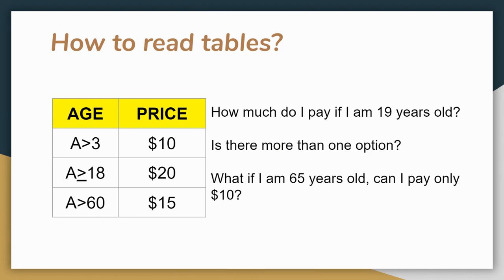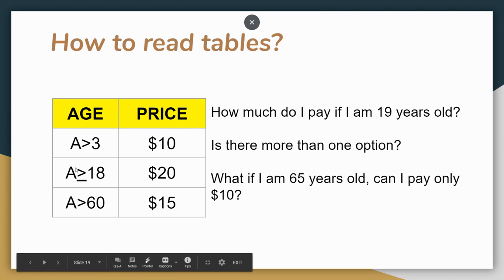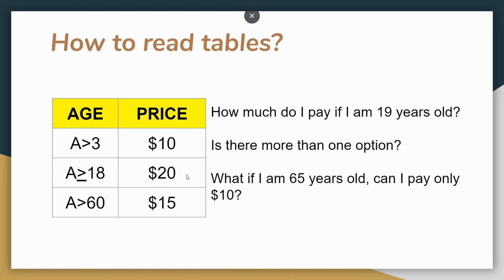So I'm asking here, how much do I pay if I am 19 years old? Because if I'm 19 years old, I can either follow here, right? So I pay 20, right? Because 19 is greater than 18, right?